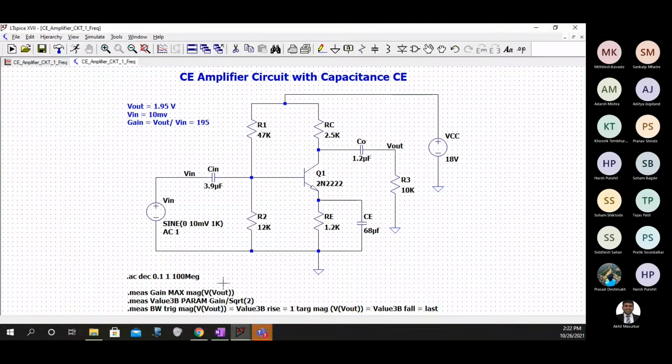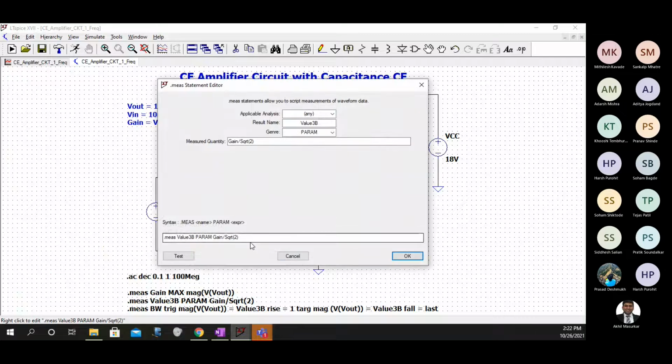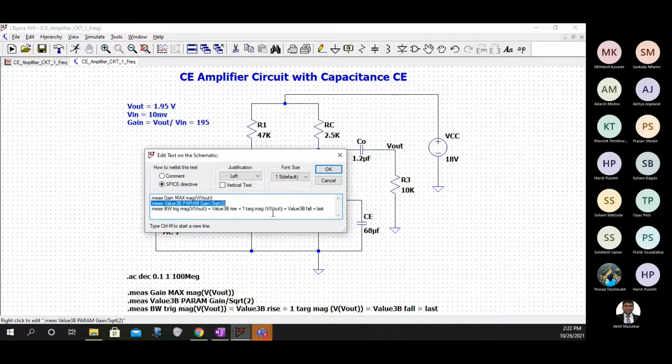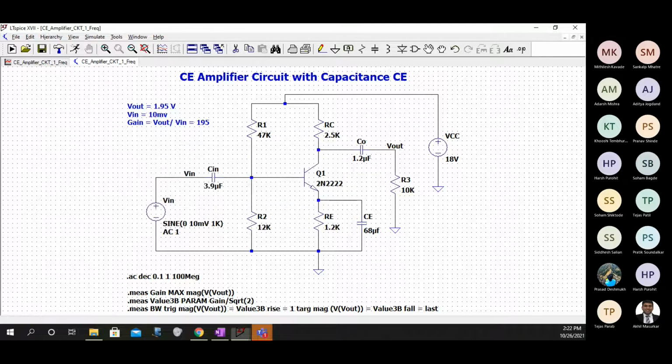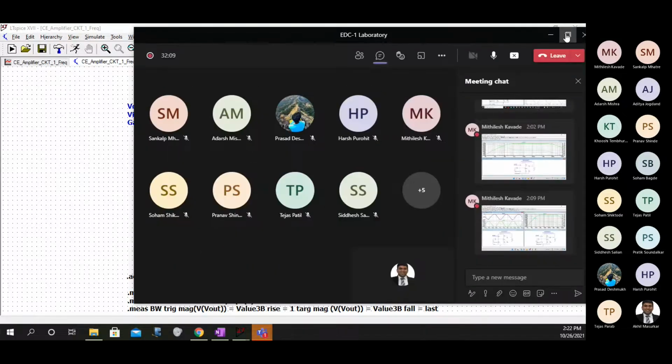So I'm just posting these lines in the chat box so that you can use them directly.